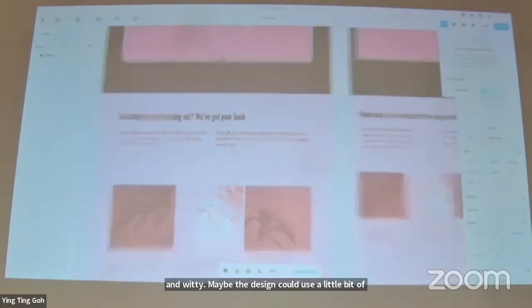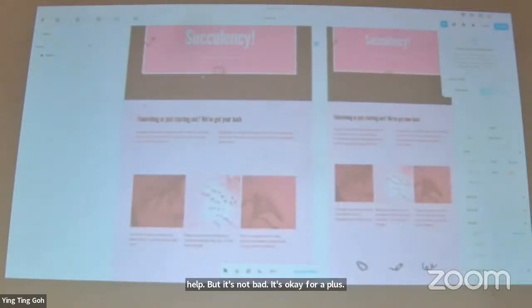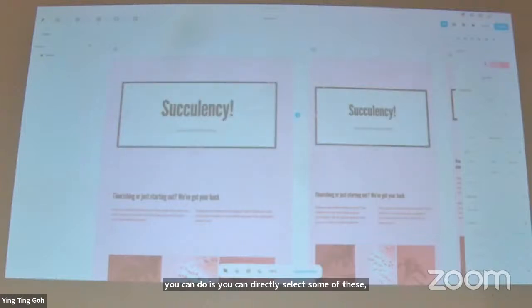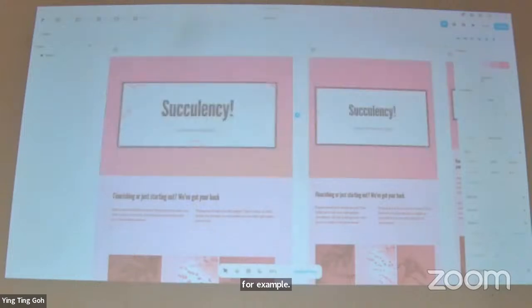And it doesn't know what ChatGPT is planning because it's clearly in a different section, but I'm able to bring it into this easily if I like the design style. So if you are an existing brand, what you can do is directly select some of these. For example, if you see the theme, you can shuffle it. Like the same colors, you can decide how it applies into this section.